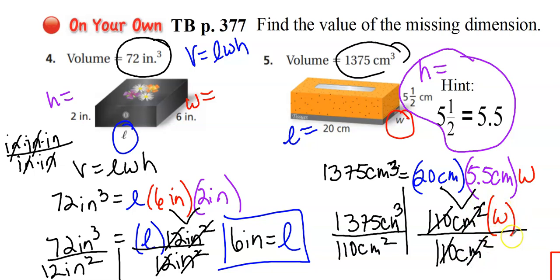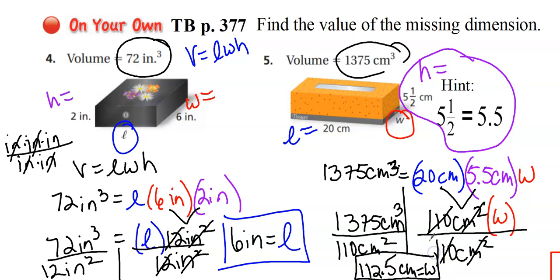I'm left with the width is equal to 1375 divided by 110. I get 12.5, and just the same way that the inches canceled out, the centimeters are going to cancel out, and that leaves me with 12.5 centimeters is equal to the width.